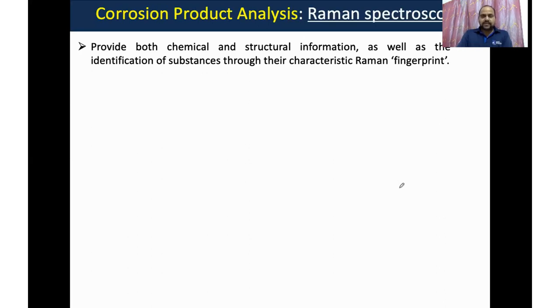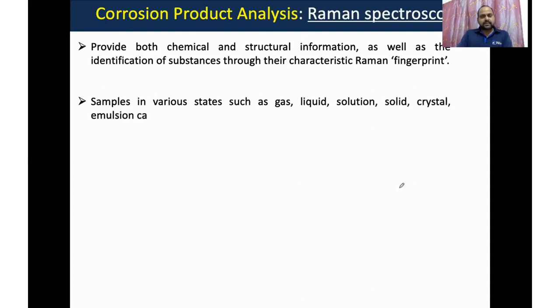This kind of fingerprint gives the exact output about the material, there is no doubt. Whether your sample is in gas form, liquid form, solution, solid or crystal, whatever, we can measure it by using different sample holders.